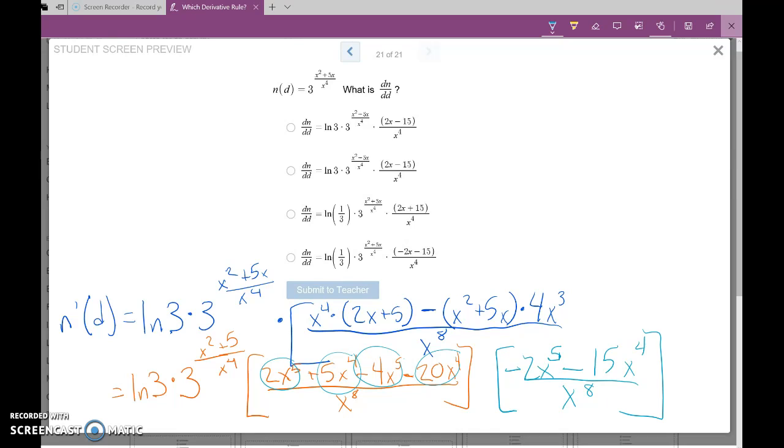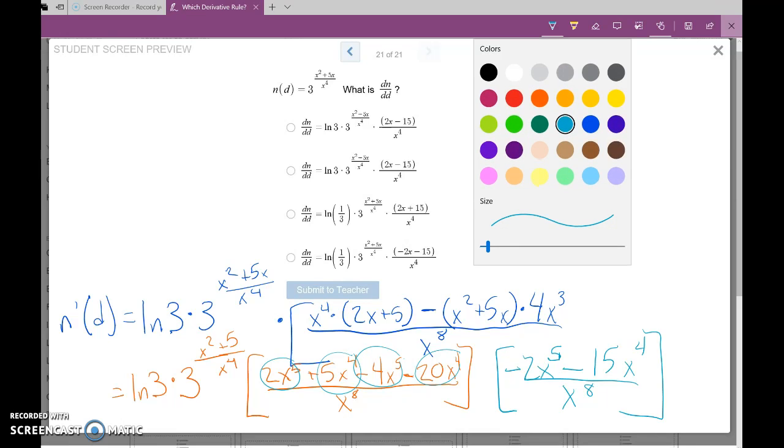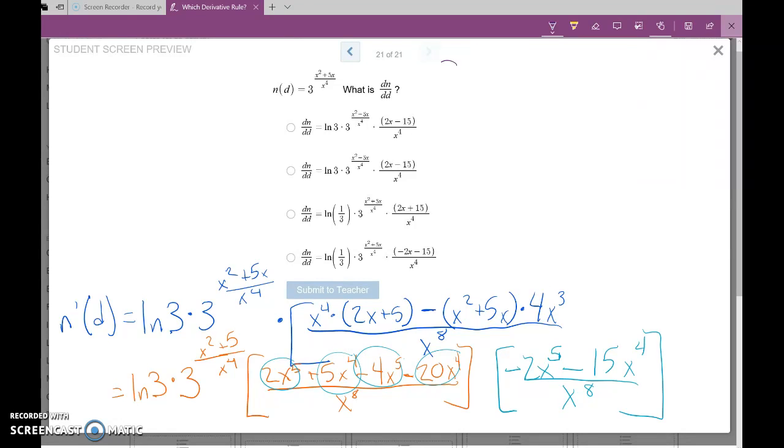All right, continuing to simplify that. This still doesn't appear in any of the answer choices. So continuing to simplify this in the brackets, let's choose purple, I guess. In the numerator, I can factor out a negative x to the 4th.